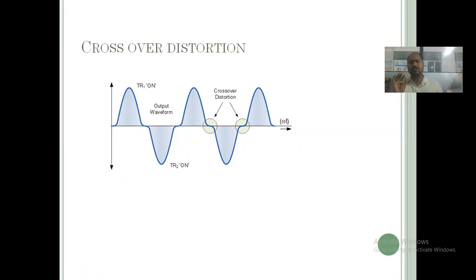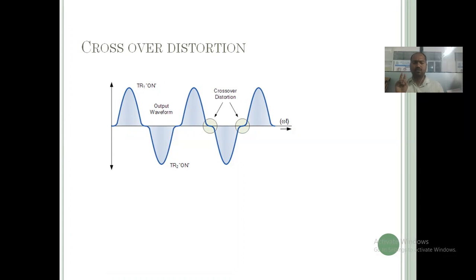The DC bias voltage is the voltage which is used where the output is not coming. So during this portion, I'm telling you which two portions are those where the output is not coming. It is also called crossover distortion.